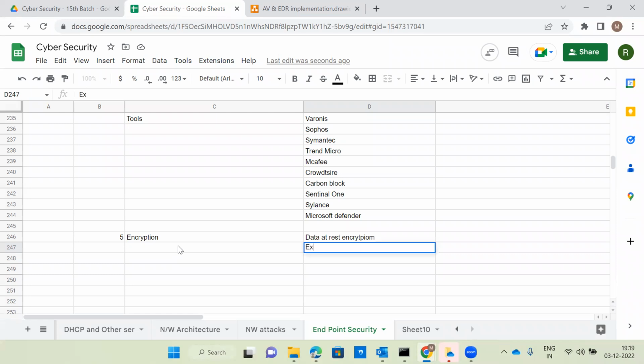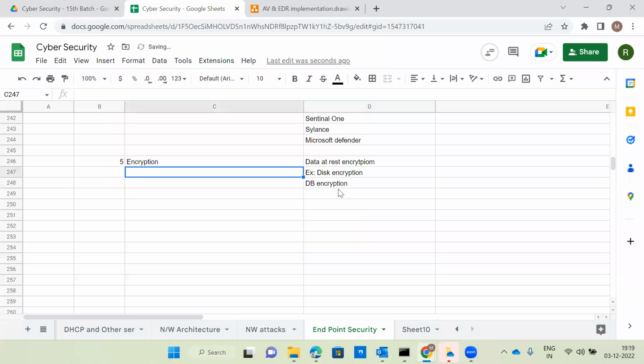For example, disk encryption. Database encryption we are not discussing here, only disk encryption, because our operating systems, whatever we are maintaining, are part of the endpoint. Database is a different concept. So these are all examples of data at rest encryption.